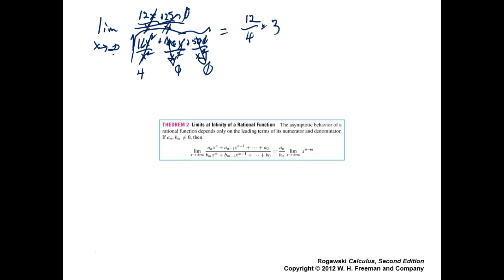The numerator isn't affected. So if you went to negative infinity, and I didn't read that when I was doing it, the limit would be negative 3.